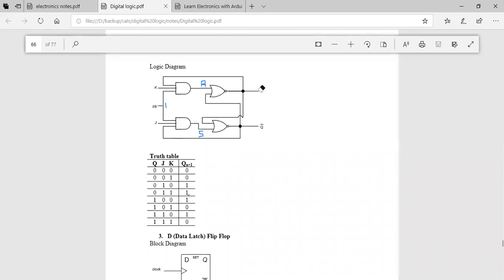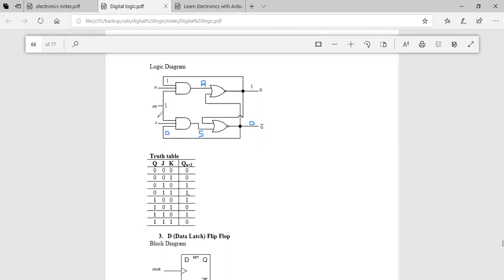So let me clear everything from there. So this is 1 now. Down here we expect to be 0 definitely. So we feed back a 1 here. What is down here? 0.